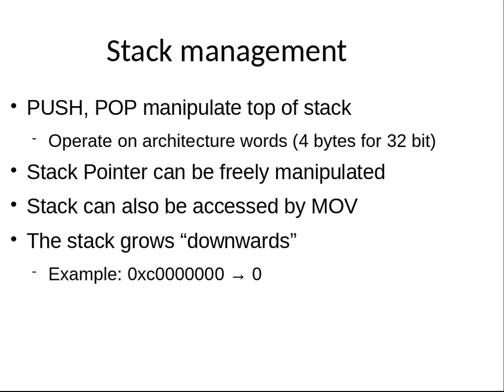What do you mean by grows down? So it starts at C000, and then when you push 4 bytes, it would be BFFFFFF8. So every time you push something, the number shrinks because it's growing down toward address 0.